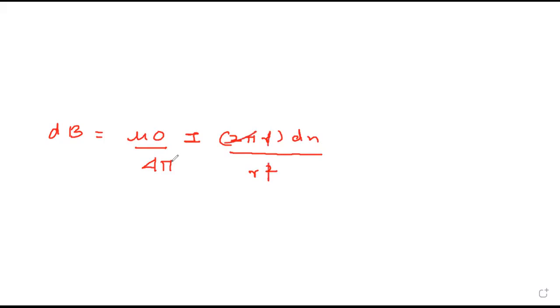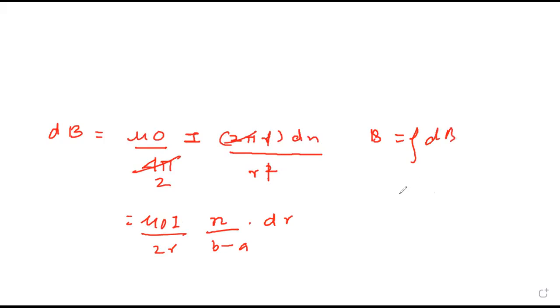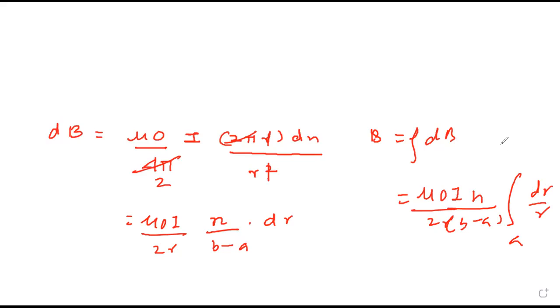This gets cancelled. This is 2. So mu naught I upon 2r. This dn is nothing but n upon b minus a into dr. So total B is integration of dB, which is mu naught I upon 2r into n into b minus a denominator, dr upon r is changing from a to b, and then we got final result.